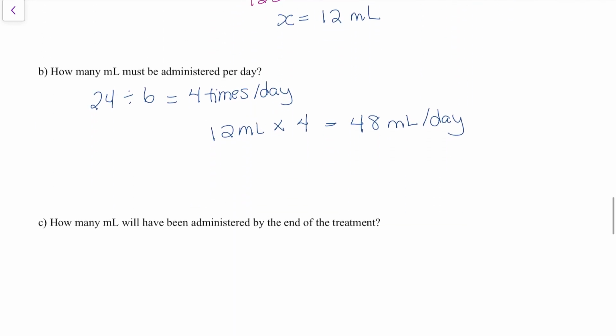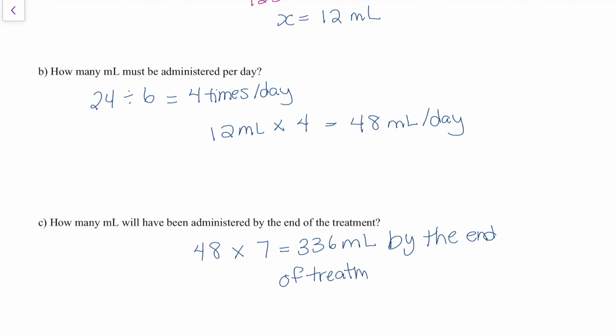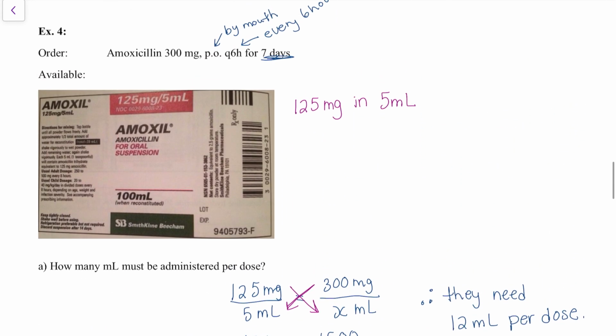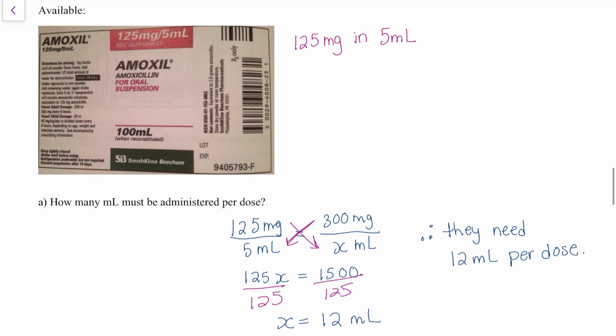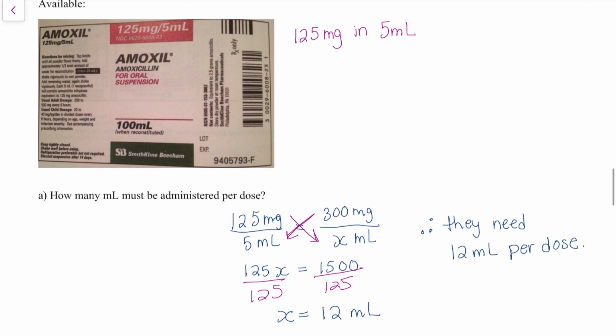So I'm going to do 48 milliliters a day times 7 days, which gives me 336 milliliters by the end of treatment.